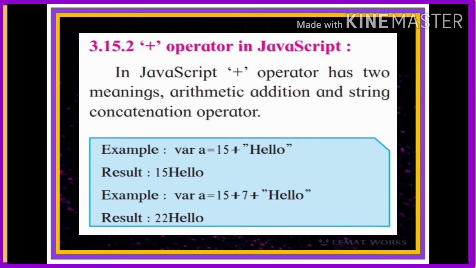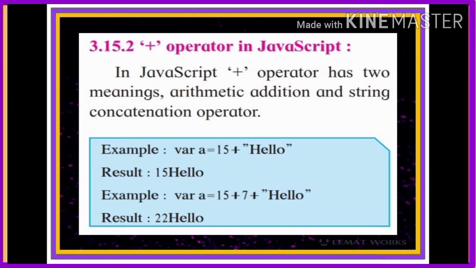Plus operator in JavaScript. In JavaScript, plus operator has two meanings: arithmetic addition and string concatenation operator. For example, we write a equal to 15 plus, in double quote, hello. Here hello is a string, result is 15hello.